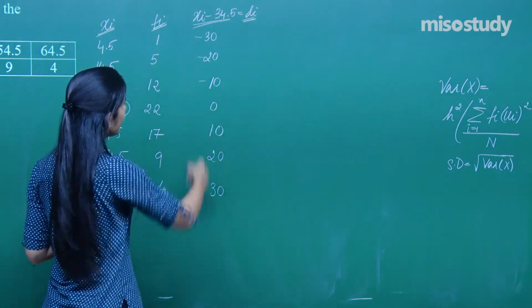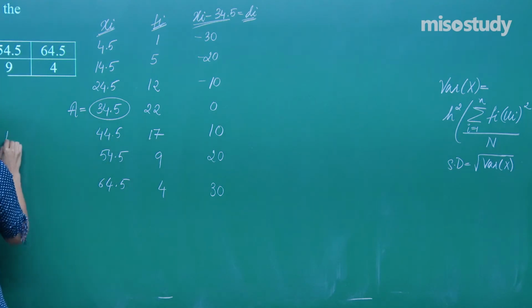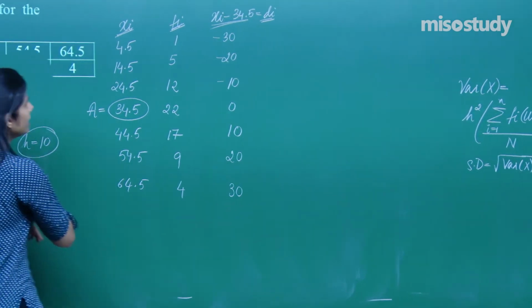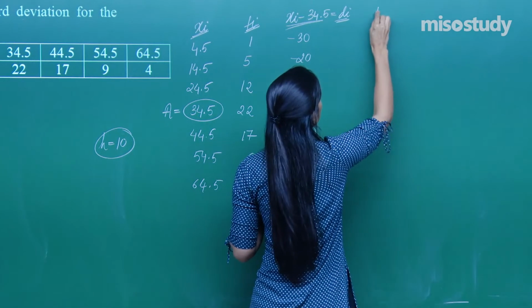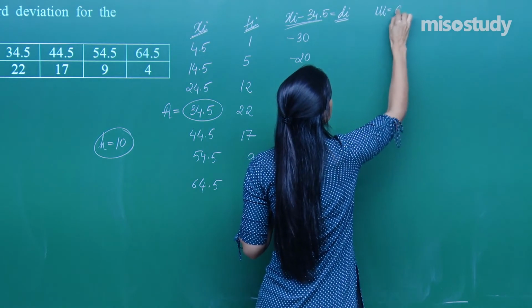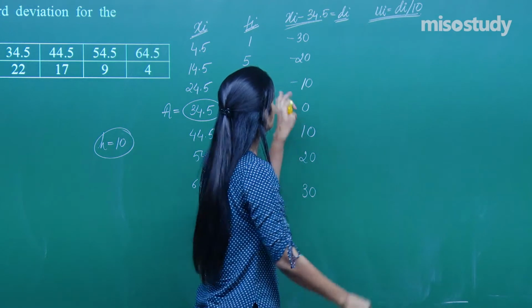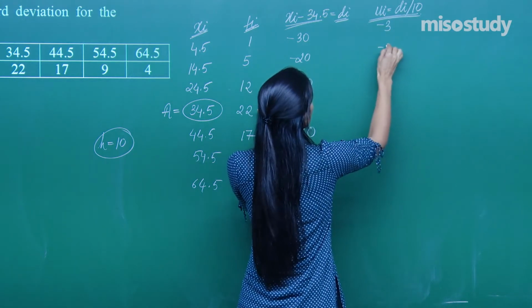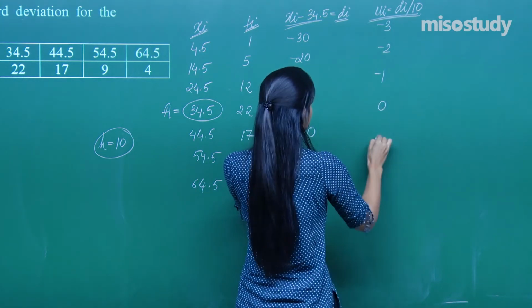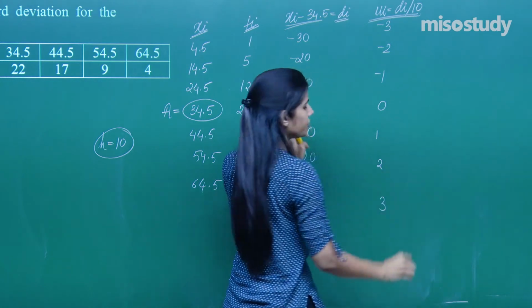You can clearly see I will be taking small h as 10 and obtaining thus ui. Ui is di upon h, and h is 10. So this becomes minus 3, minus 2, minus 1, 0, 1, 2 and 3.